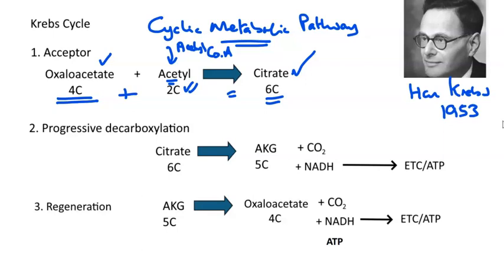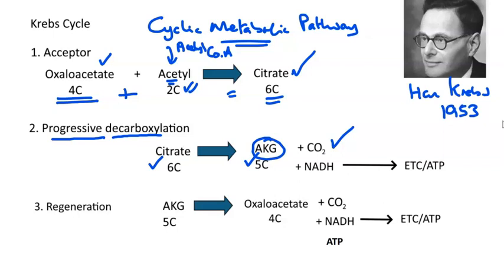Then carbons are broken off this structure in what is called decarboxylation. This will occur twice to give us what is called progressive decarboxylation. So the citrate, 6-carbon, is broken down into a 5-carbon structure with the release of carbon dioxide. The name of the molecule is of no significance here.